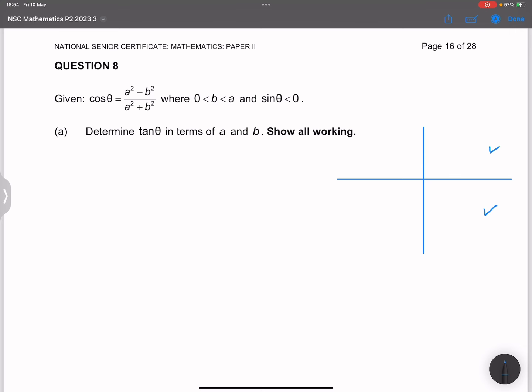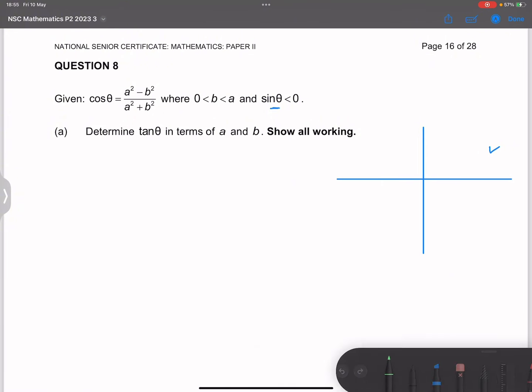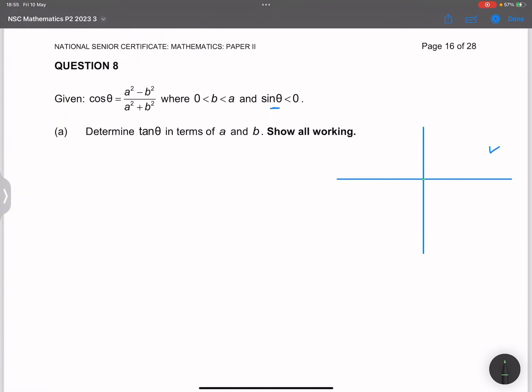But they said that also sine theta should be less than 0. Now, sine theta is less than 0 in the fourth quadrant, so which means our triangle is actually going to be in the fourth quadrant, right? So I'm trying to draw that triangle there, so there's our triangle right over there.